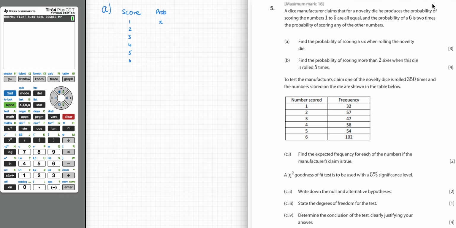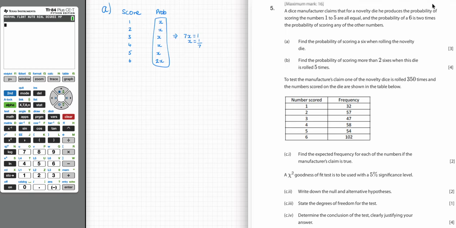And the probability of that happening is the same for each of the numbers 1 to 5 and double that for the last one. So that means in total, I know that all probabilities have to total to make 1. So 7x equals 1, and therefore x is equal to 1/7.